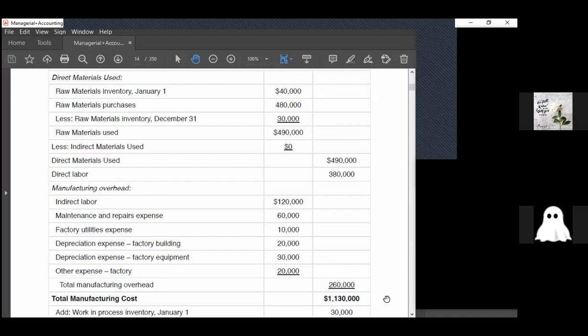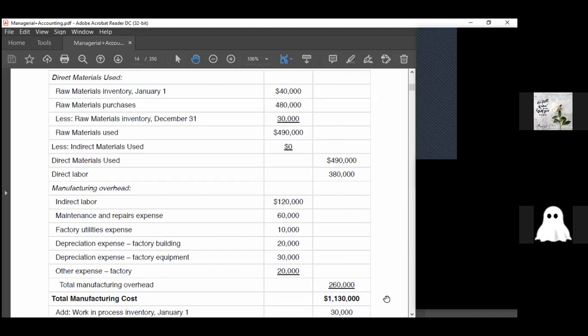This is the first step of cost accounting, total manufacturing cost. You add direct material, you add direct labor, and you add manufacturing overheads. So direct materials plus direct labor plus manufacturing overheads gives you the total cost of manufacturing.